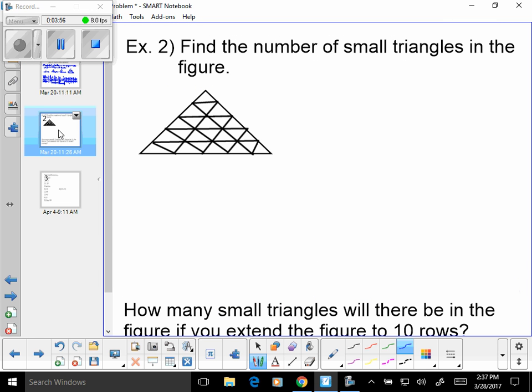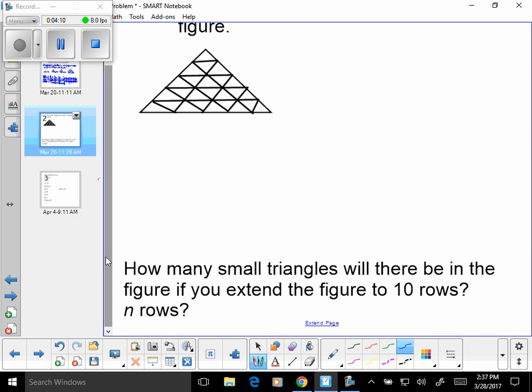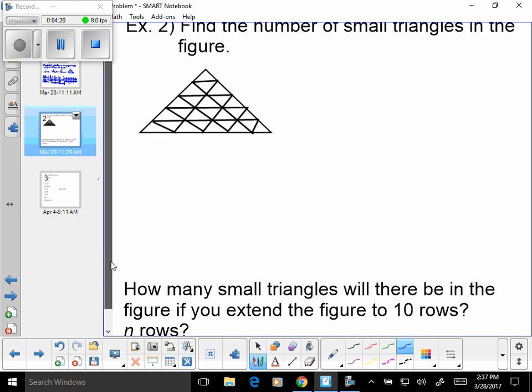Another rather typical problem that they give us in this type of strategy is if we're working with something where, all right, I need to find the number of small triangles in the figure, and then they're going to make me extend it and say, so what would happen if I had 10 rows? And then what's my pattern? So no matter how many rows I'm asked for, I can just automatically give it to you.